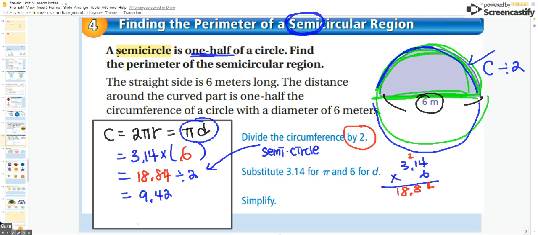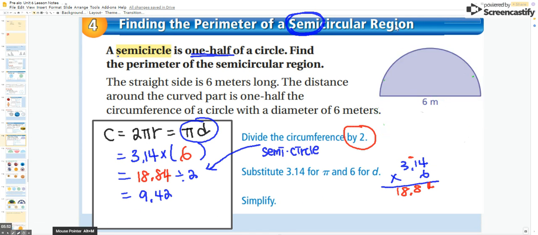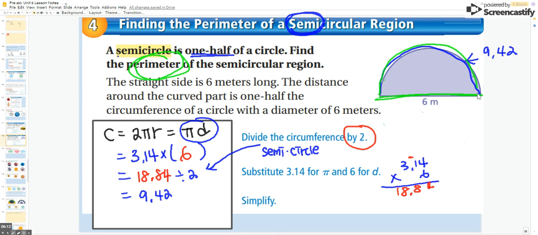Okay, let me erase it a little bit. So now we found the half circumference, which is 9.42, right? But the perimeter is the distance around the shape. So if you just stop here, then what about the bottom part? Because this is also the outline of the shape.